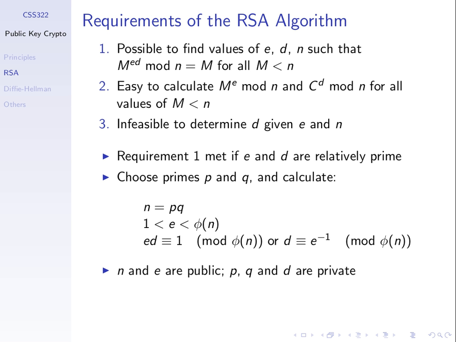We chose a value of E. There are multiple to choose from, so long as it was relatively prime with the totient of n, with 160. I chose 7. And then we calculated D such that 7 times D equals 1, mod 160. And it turns out D equal to 23 satisfies that. So we have E, D, and N.